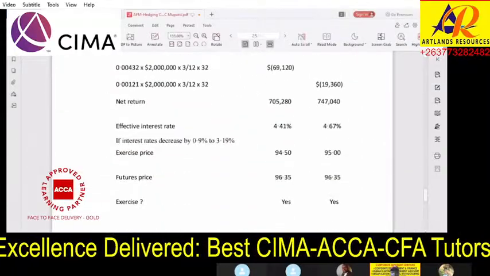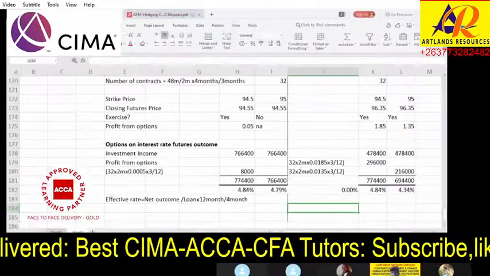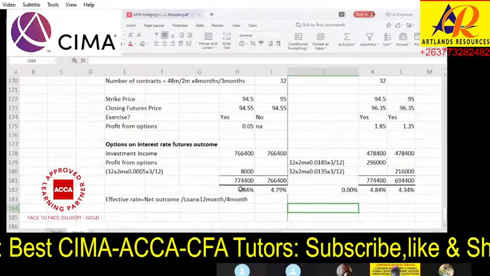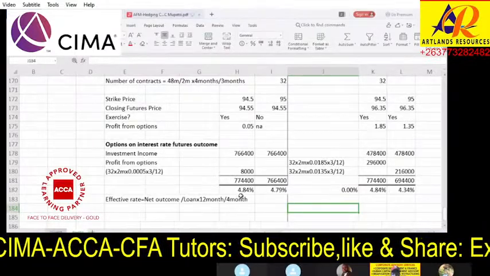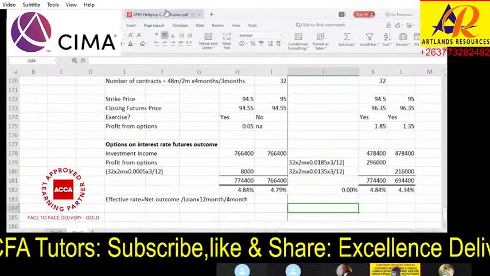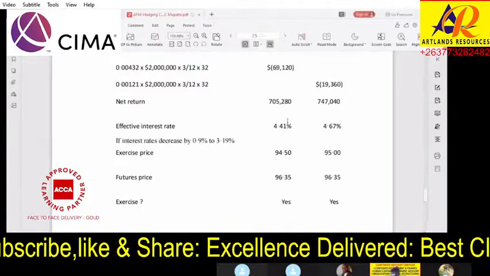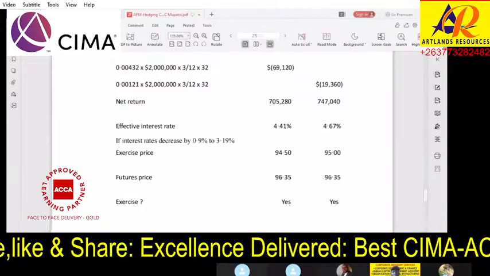So are you getting it? Effective rate 4.41, 4.67. Those on the right. I'm getting 4.84, let me see, where did we get it from? Oh, okay, sorry for that.